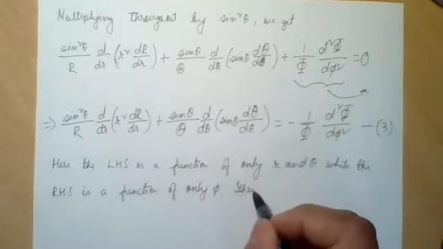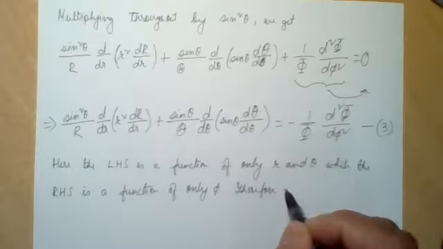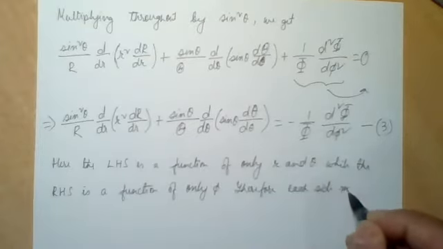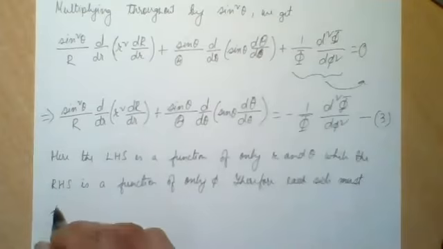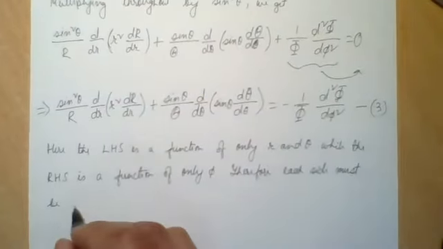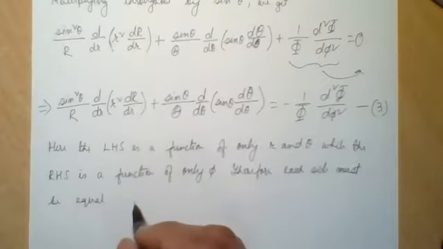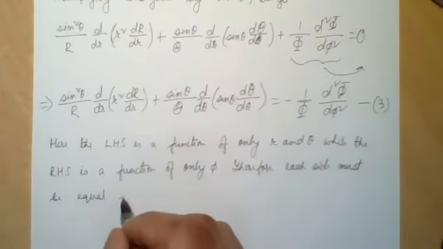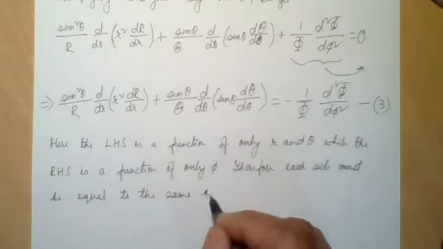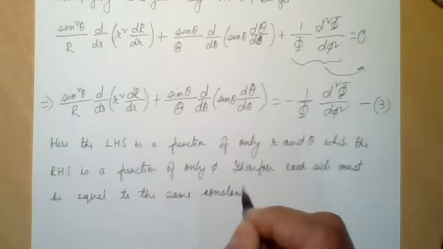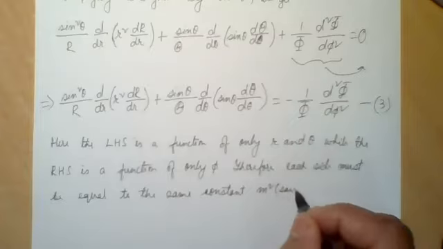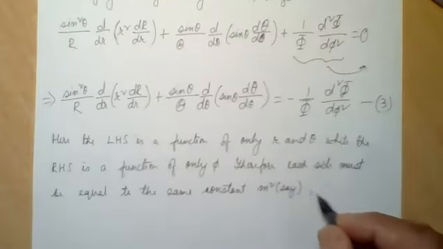Therefore, each side must be equal to the same constant, and let us say the constant is m square.